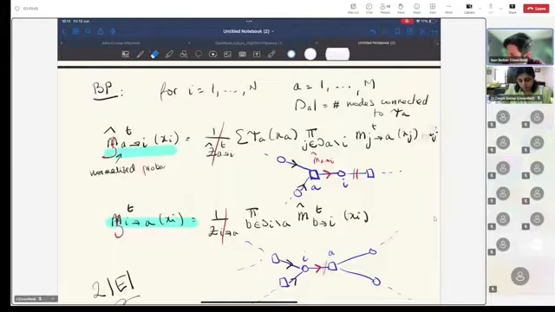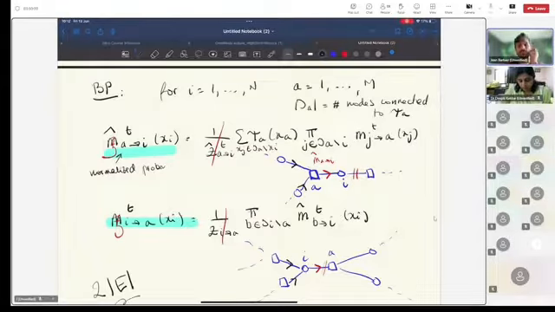And these are all the xj's belonging to the neighborhood of A except xi.